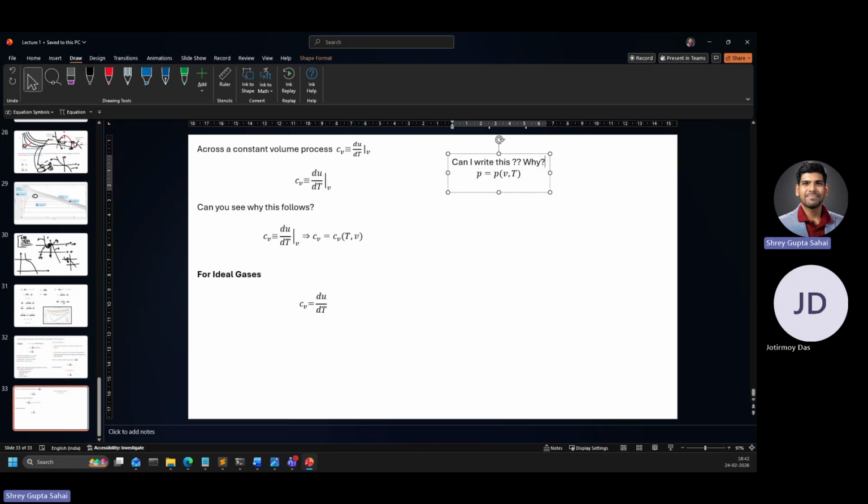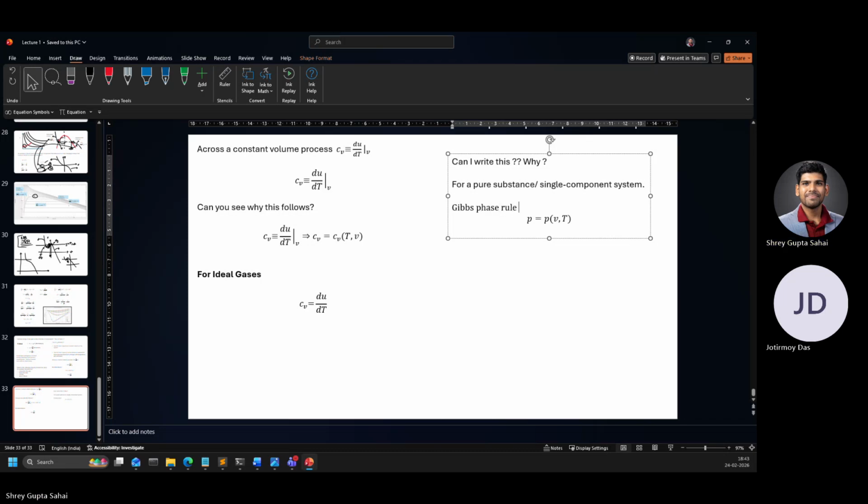I'll just quickly write this: for a pure substance, single component system, Gibbs phase rule follows that there are 2 degrees of freedom.